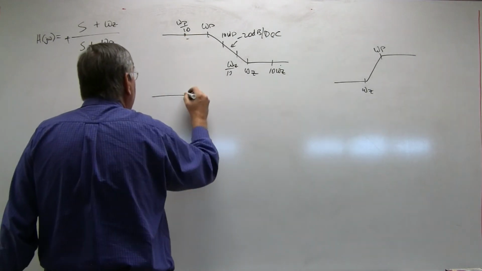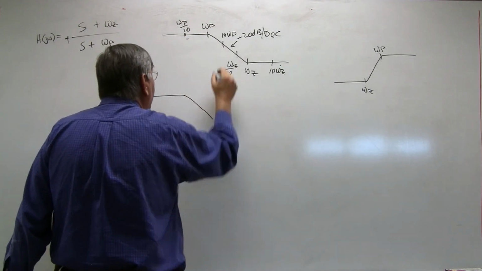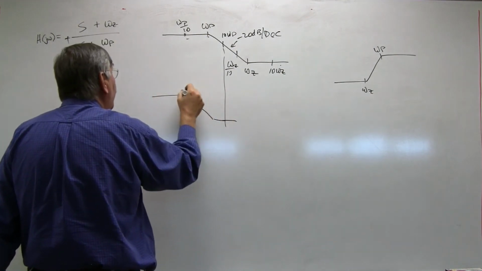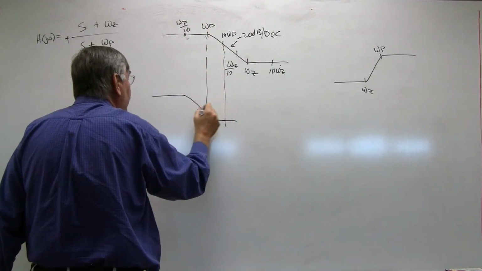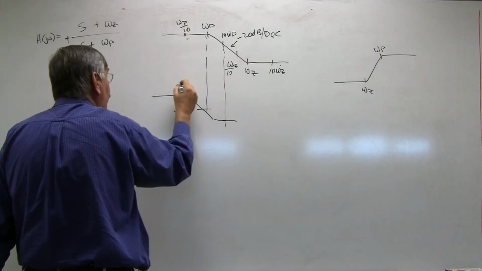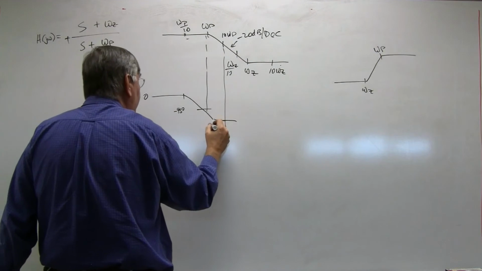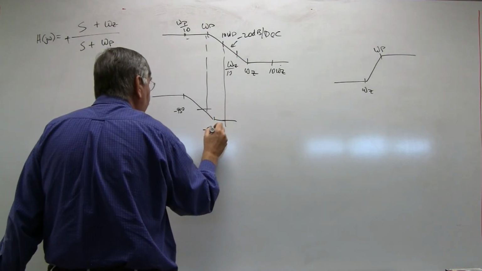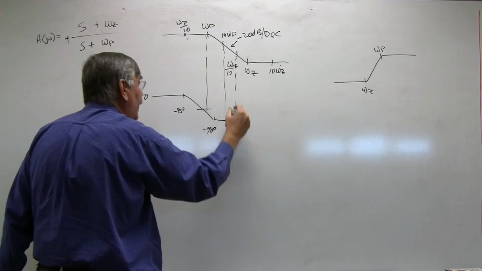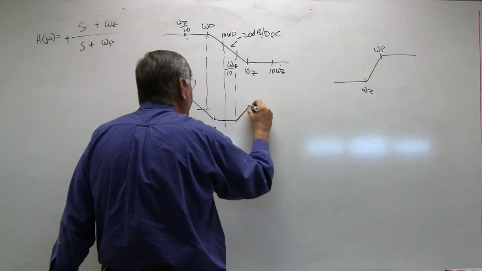All right, so when we get up to here, this thing is going to have a segment that starts and finishes there. At this frequency, it'll be minus 45 degrees. And at this frequency, it'll be 0. And down here, it will be minus 90 degrees. And then we come up to here, and it starts back up.